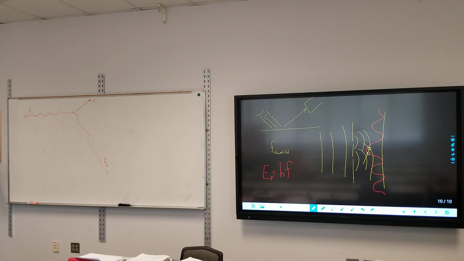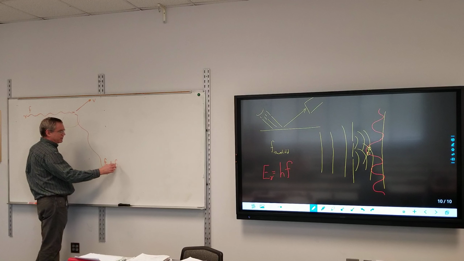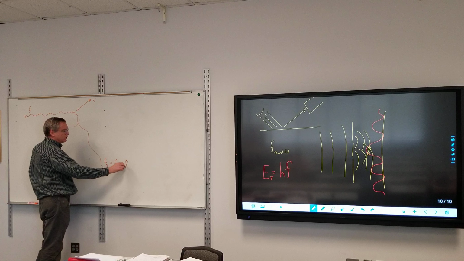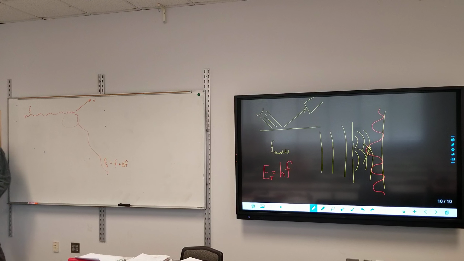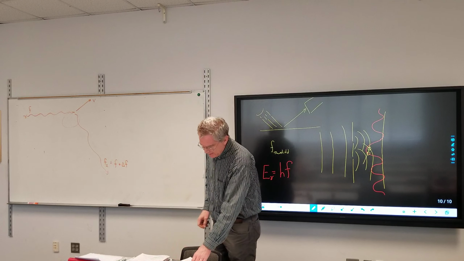I'm going to call it F2. I'm not putting a subscript here just to save myself time. I know that there's some difference between F and F2. And so this frequency coming off, I'm just going to say is equal to my initial frequency plus some change in the frequency. Delta F would be a negative number here, but I would keep it as plus delta F.